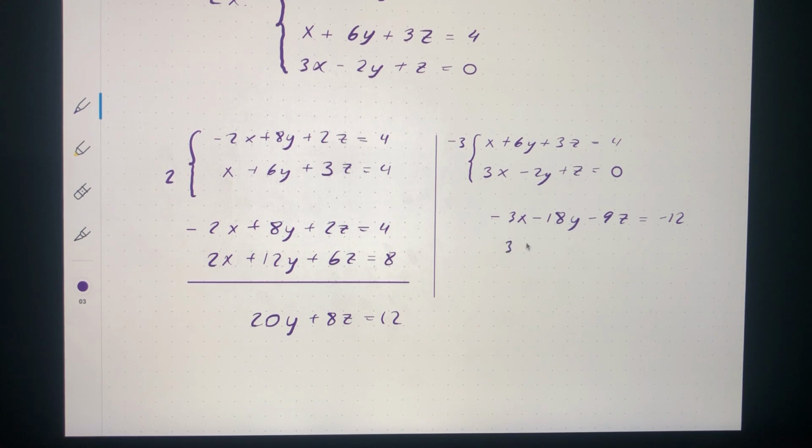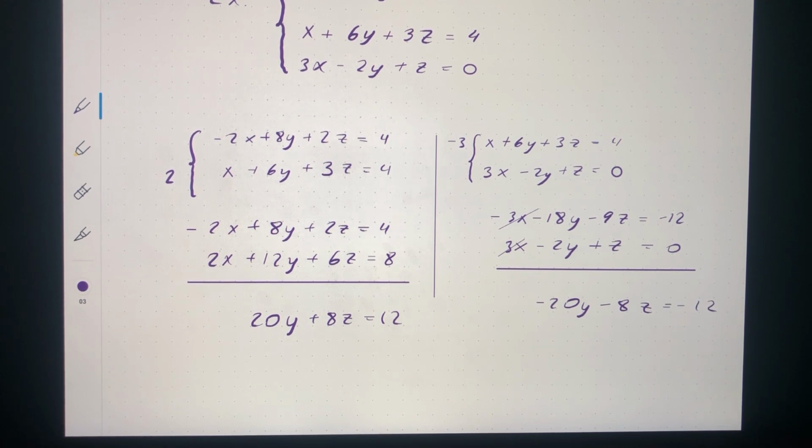Now we add the two equations together, canceling the x. So that makes x disappear. -18 minus 2 is -20y. -9 plus 1z is -8z. And then -12 and 0 is -12.